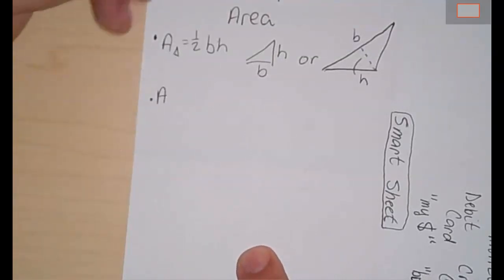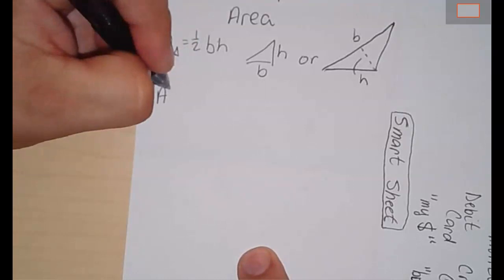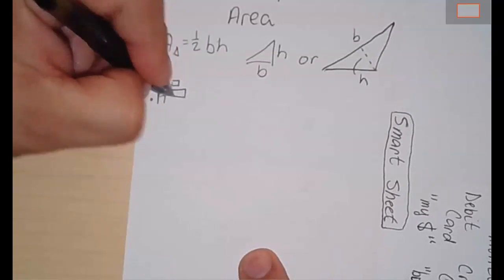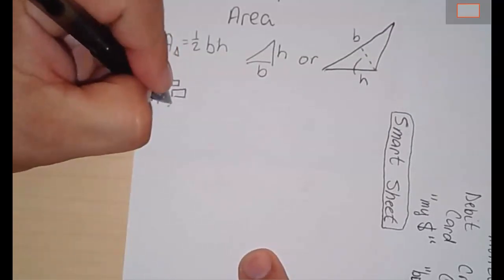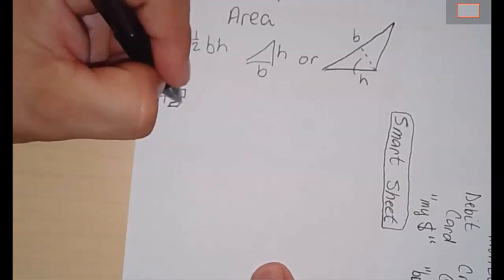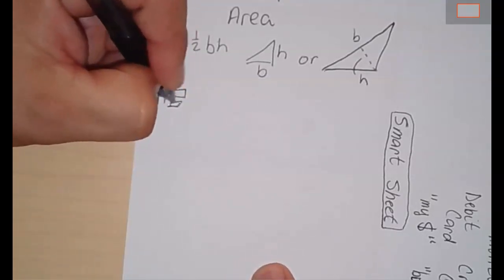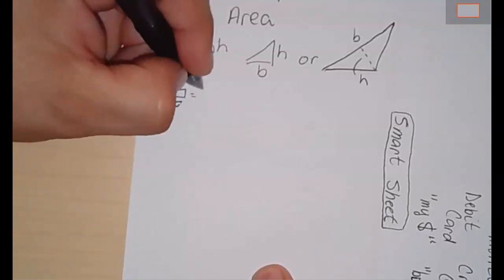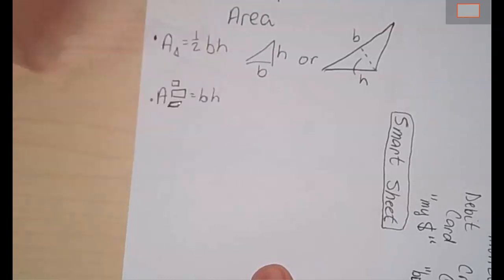Then we have area. It could be of a square, of a rectangle, or a parallelogram. It's in the formula sheet, base times height.